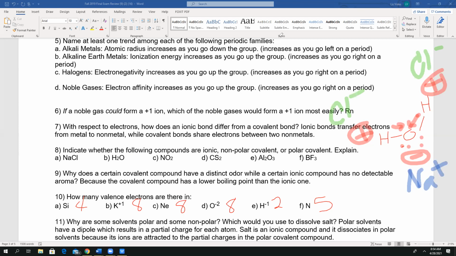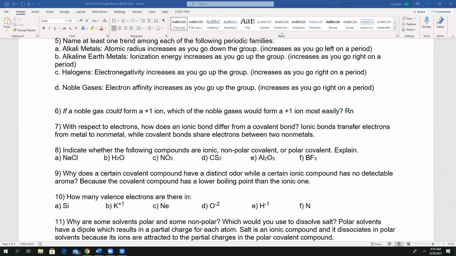And that's why a polar solvent with its partial positives and partial negatives is going to attract an ionic compound, because ionic compounds will dissociate. Okay. All right, clear.